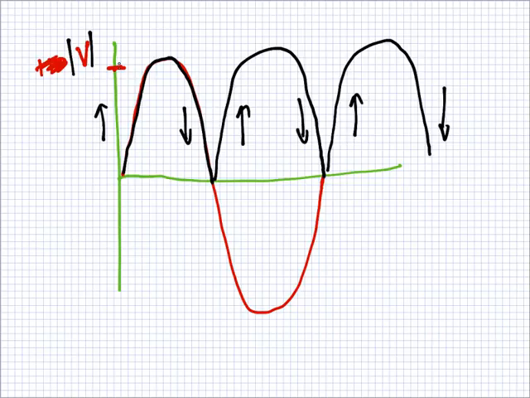So let's call the maximum up here V max. What do you think would be a good measure for what the average voltage is? Sometimes it's small, sometimes it's big. Yeah, this is a good guess. So you're thinking the average is somewhere in the middle.